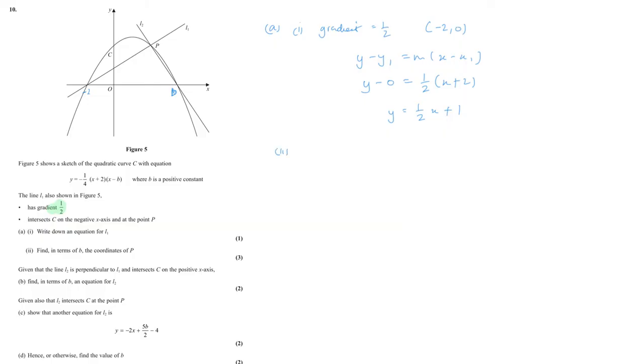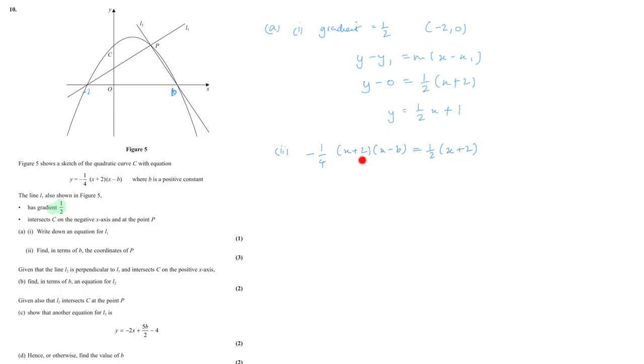Now, part 2. Find in terms of b the coordinates of p. So L1 intersects the curve at p, because we don't have L2, do we? No. So L1 intersects the curve at p. So that's -1/4 x plus 2 x minus b equals, now I'll write it as a half x plus 2, just using this part.